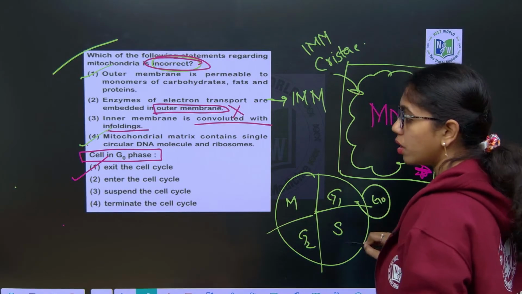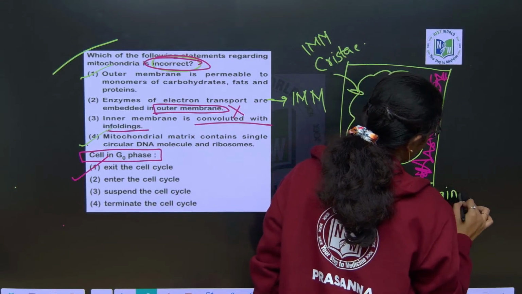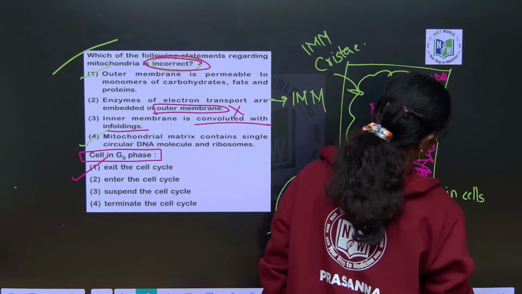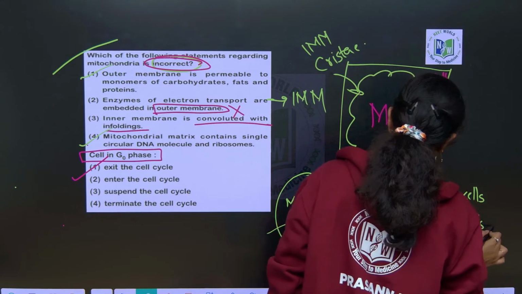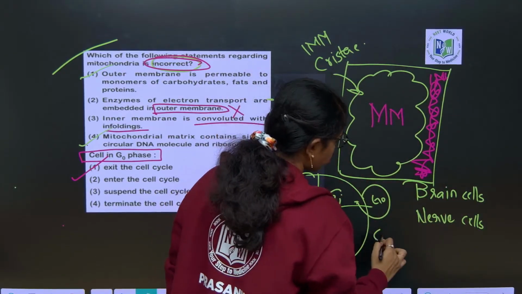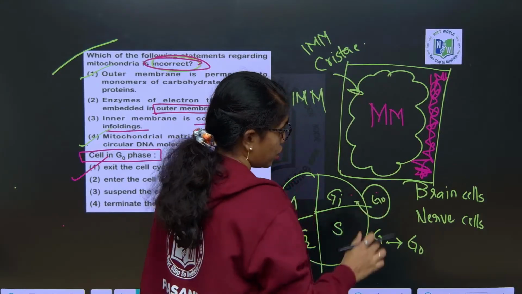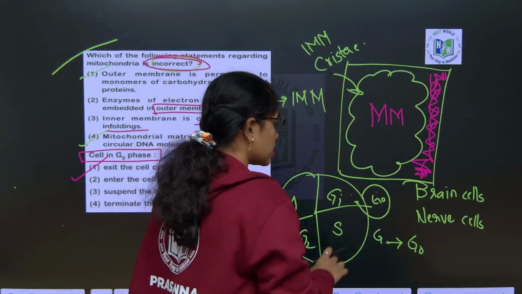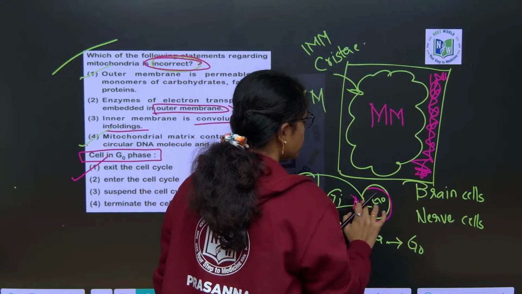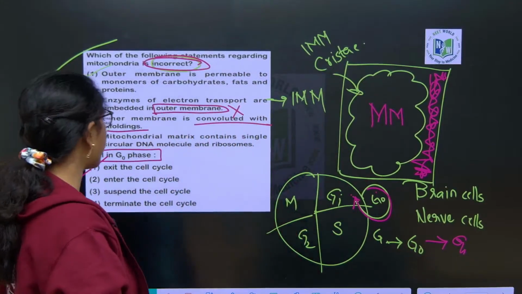Few cells like brain cells and nerve cells will skip the cell cycle from G1 phase to G0 phase. Again, whenever they resume cell division or cell cycle, they will come from G0 phase back to G1 phase only. Keep that in your mind.